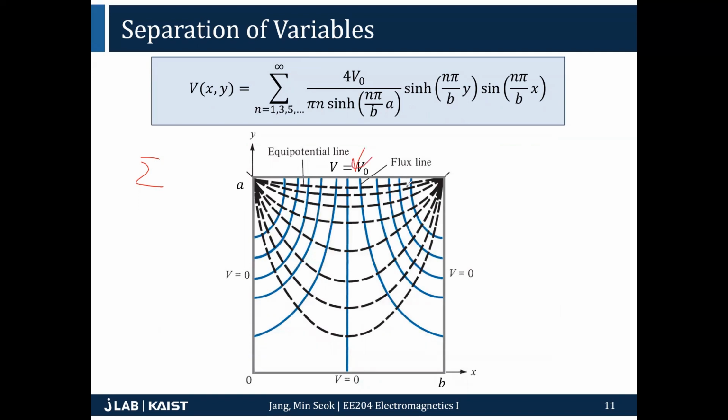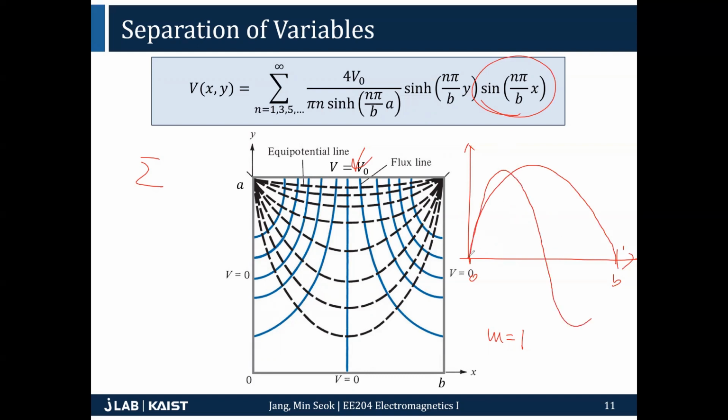You can think about the symmetry. So let's think about the symmetry of the system. From 0 to b, when m equals 1, the sine function should look like this. When m equals 2, the sine function should look like this, right? When m equals 3, the sine function should look like this.